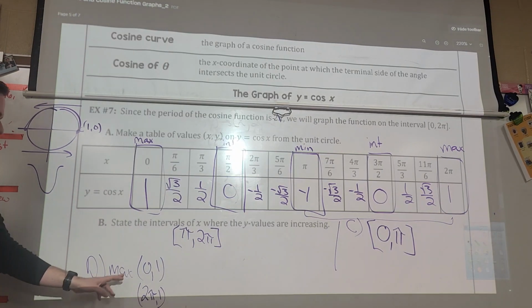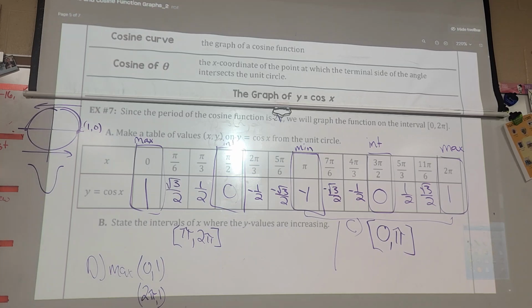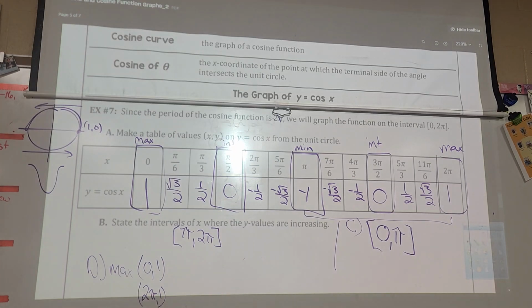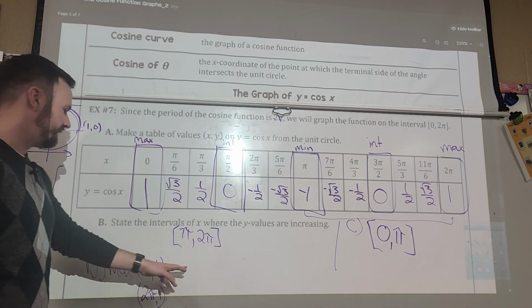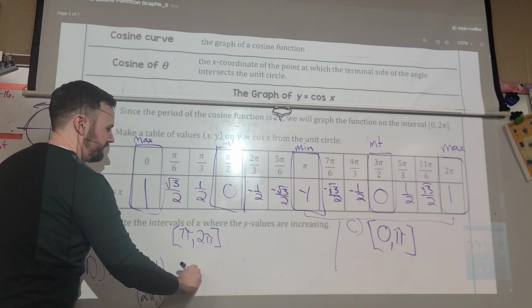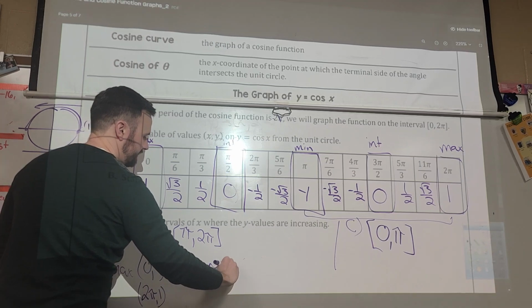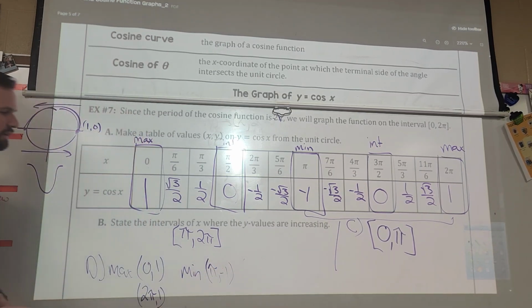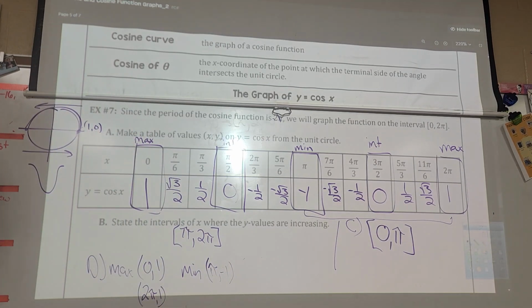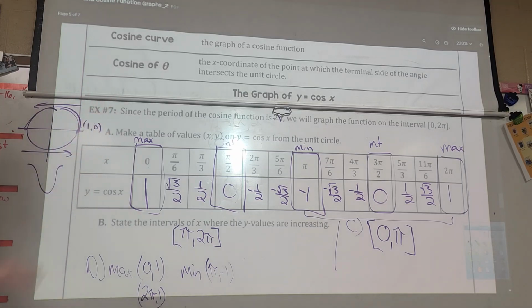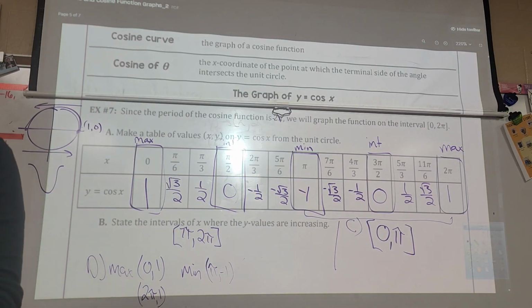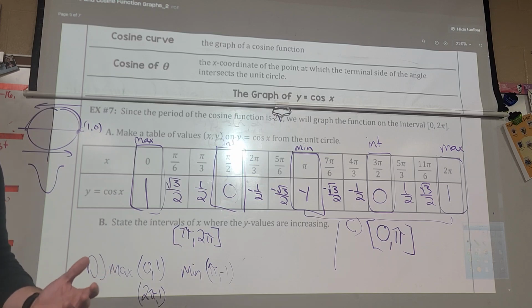Could I have put 0 plus 2 pi n, comma 1, because it'll repeat every 2 pi. Same with my mins, which only occur once on this interval, but that's pi, -1. Now again, I could have done pi plus 2 pi n, comma -1, because it's going to repeat forever.